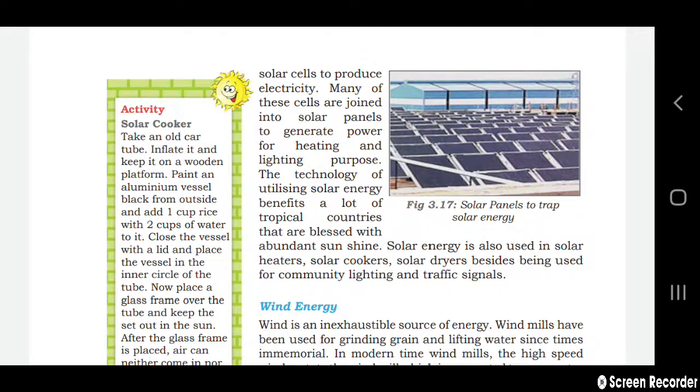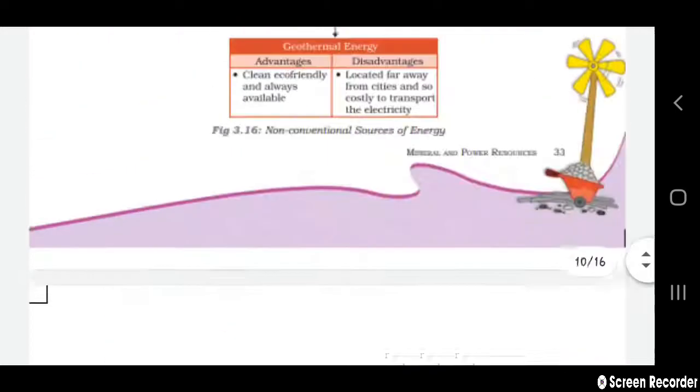The technology of utilizing solar energy benefits tropical countries a lot, as they are blessed with more sunshine. Solar energy is also used in solar heaters, solar cookers, solar dryers, besides being used for community lighting and traffic signals.